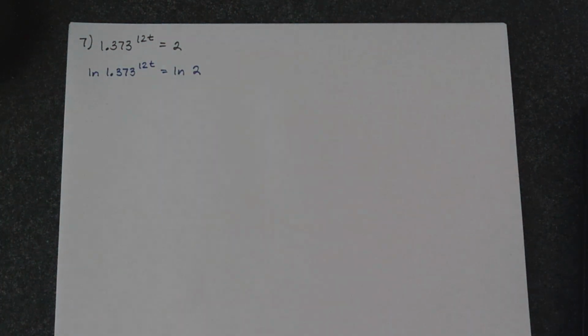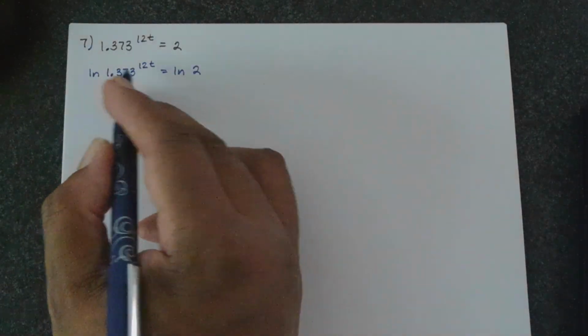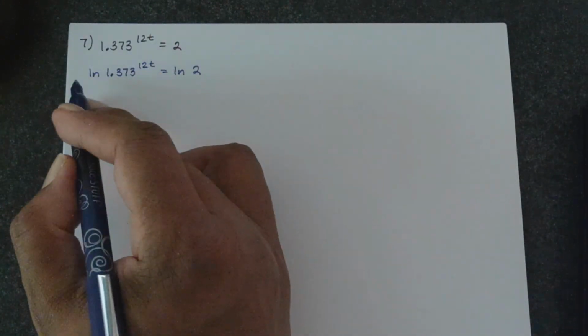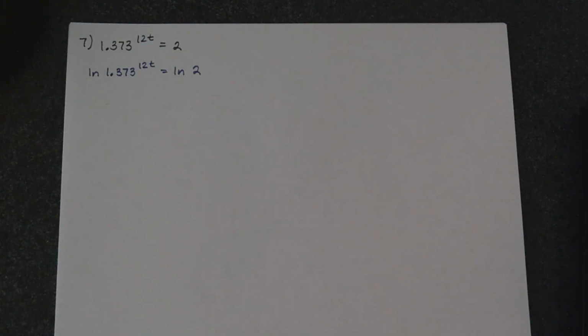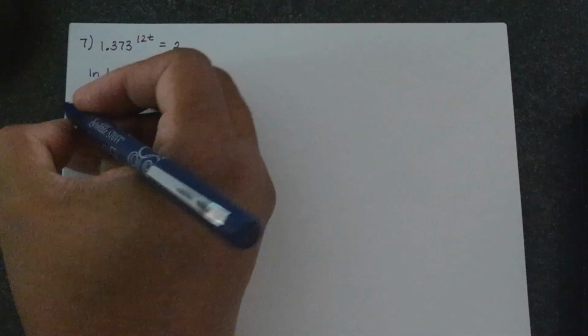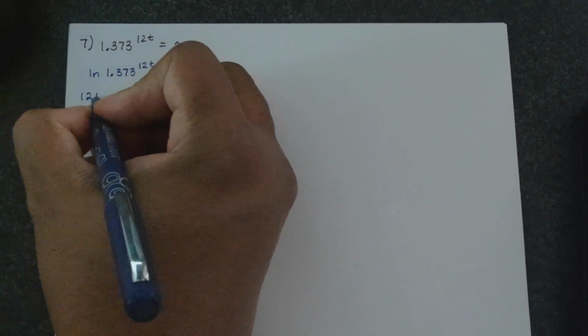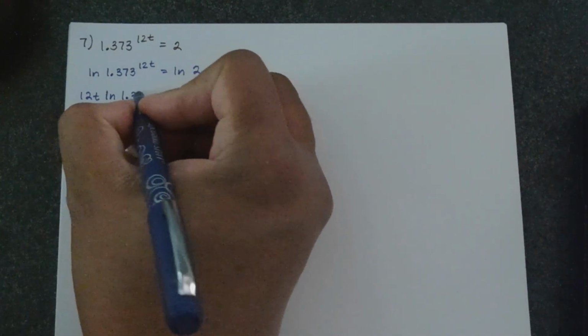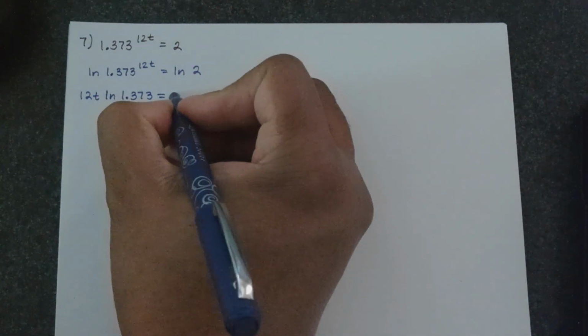Now, on the left side, there is a rule that says if you have ln of some constant raised to a power, I can take that power and pull it in front of the natural logarithm. So that 12t will go in front of the natural log of 1.373, and that's equal to ln of 2.